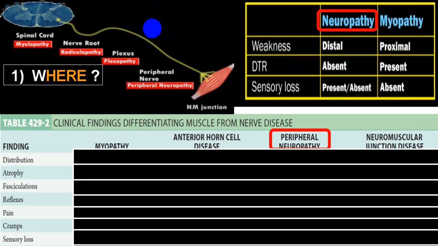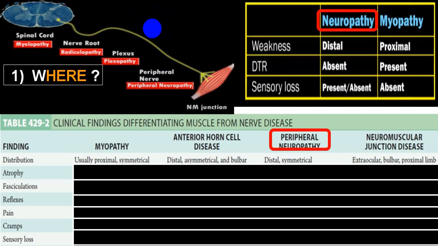If we go in a little more detail, as far as the distribution is concerned, we already mentioned, in neuropathy it is more distal and it will be more symmetrical. While in case of a myopathy, we are more interested in these groups: myopathy, peripheral neuropathy, neuromuscular junction and anterior horn cell. In anterior horn cell, it will be a lower motor neuron type of involvement.